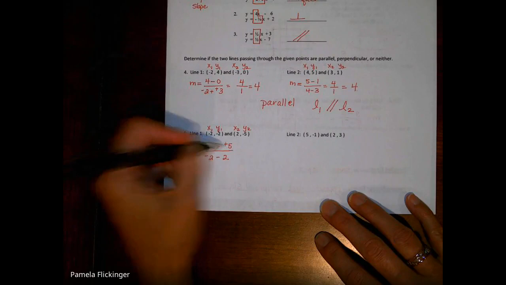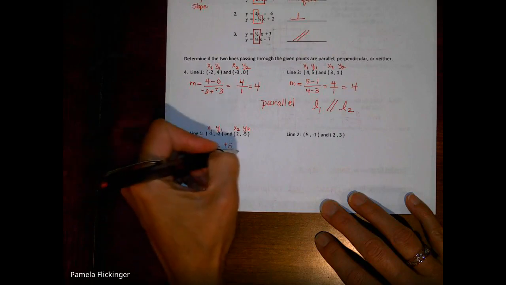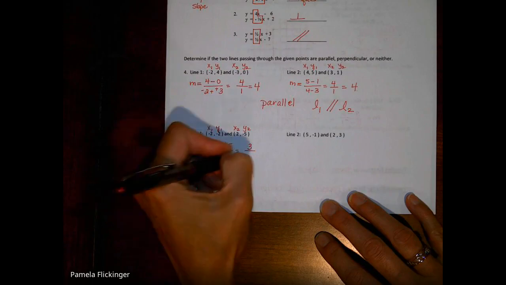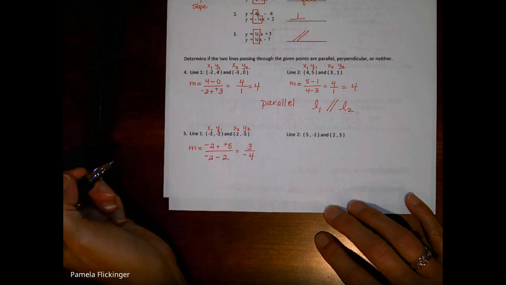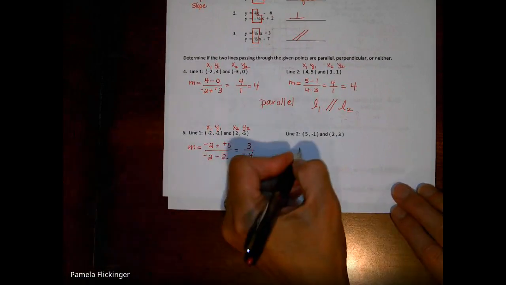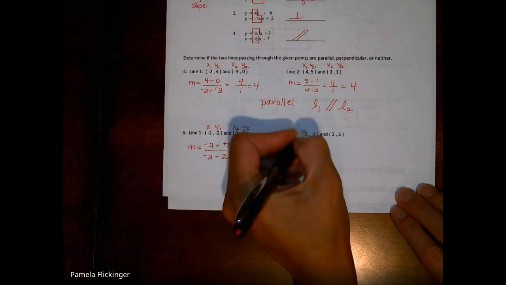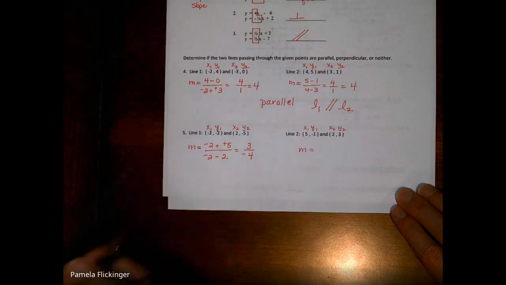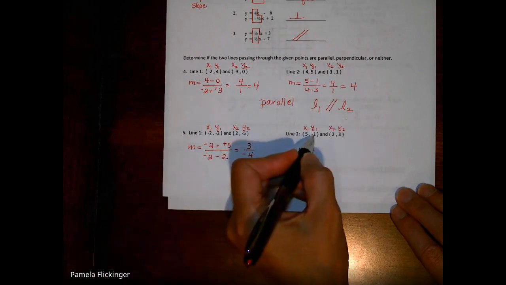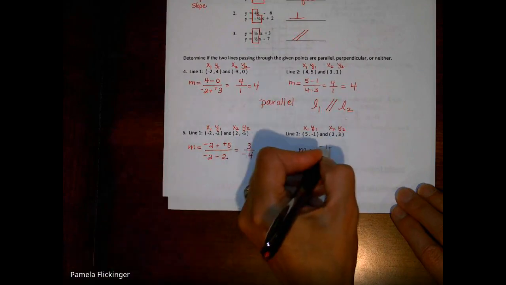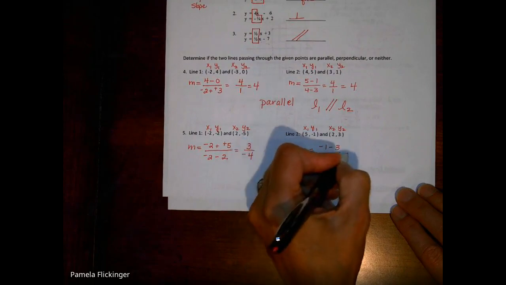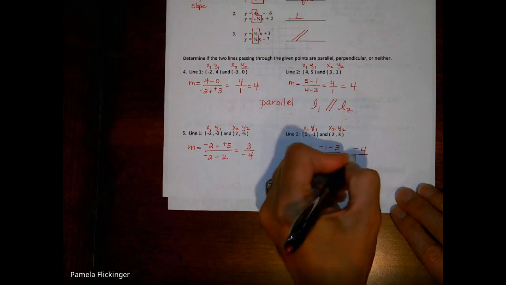Double negative is a positive, so -2 plus 5 is 3, and -2 minus 2 is a -4. All right, slope over here. We've got our 1s and our 2s. So I'll start with -1 minus 3, and then 5 minus 2. So -4 over 3.